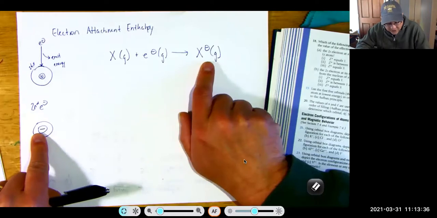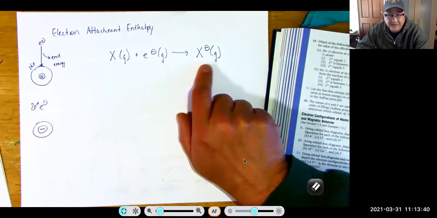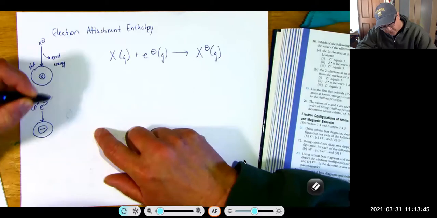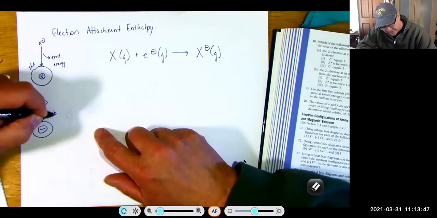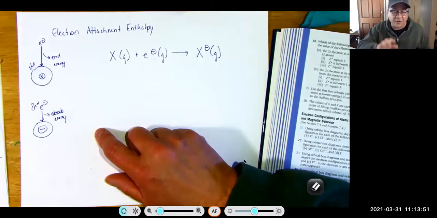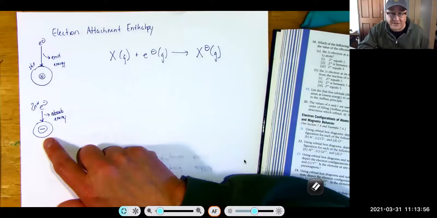And is that negatively charged atom going to attract a negatively charged electron? So here, this guy is going to absorb energy. In other words, you have to force this anion to take an electron.